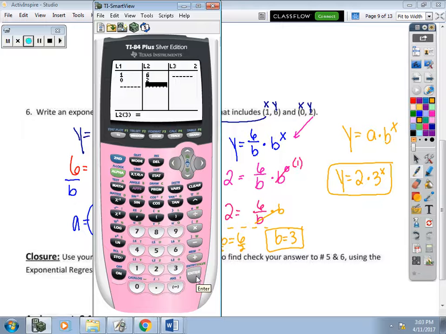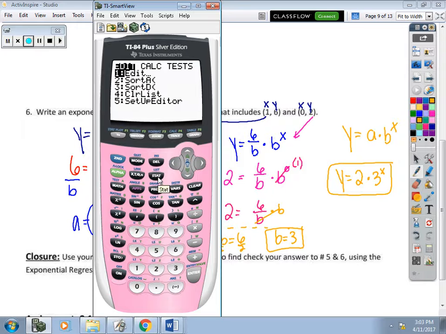Just like we did linear regressions and quadratic regressions, we're going to do an exponential regression. So we will press Stat, arrow to calculate, and I will either arrow all the way down to 0, or if you arrow up, it'll get there a little bit faster. We want to go to option 0, which stands for exponential regression.